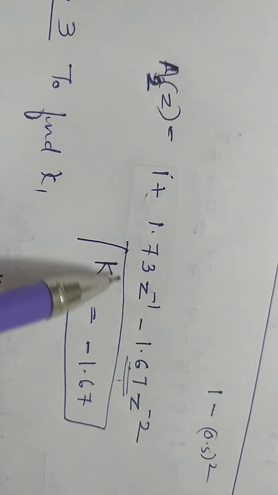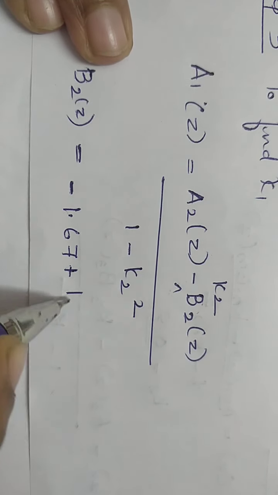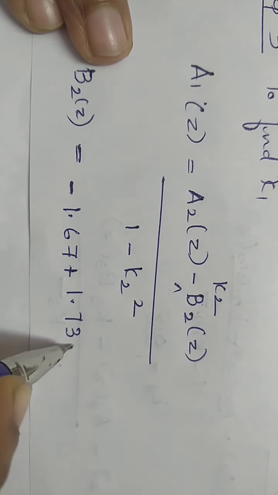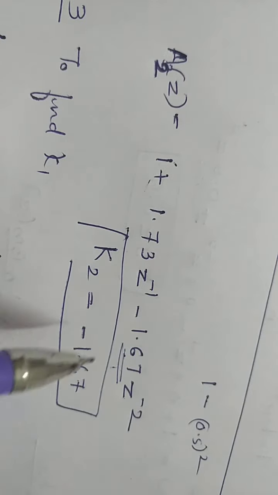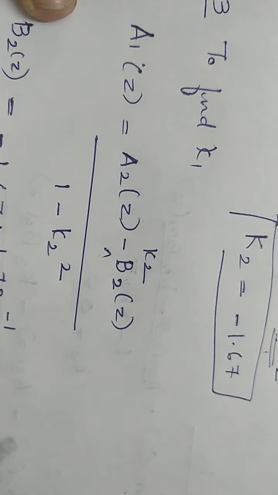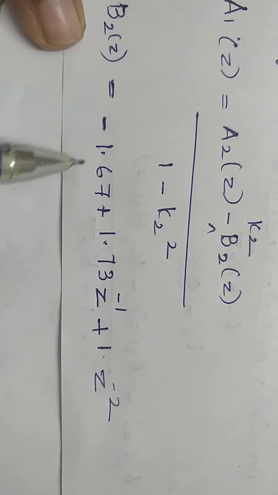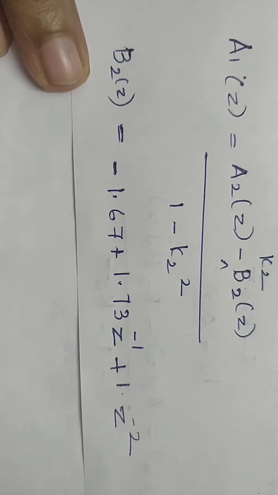Then the next term is plus 1.73 with the z inverse term. Then the next term is 1, that is 1 into z raised to minus 2. This is the value of b2 of z.